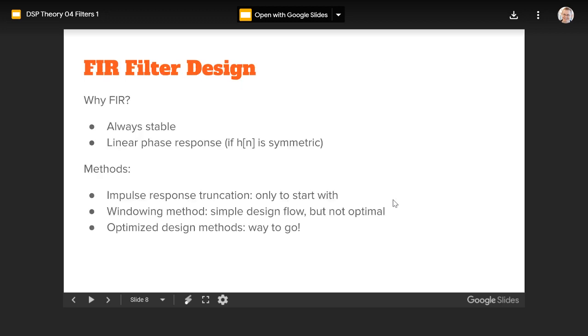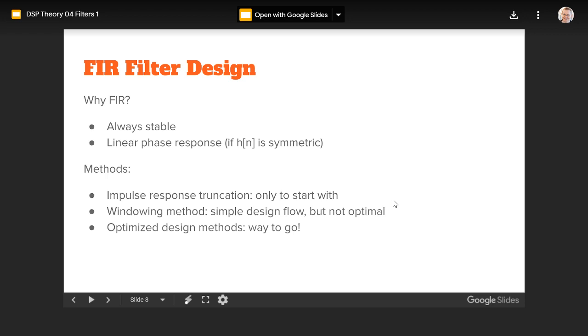Okay, now we go to why on earth we would like to have any filters as FIR. All the analog filters are IIR filters. All the analog. So since we are in the digital domain, what could be the reason to use FIR? Two reasons.